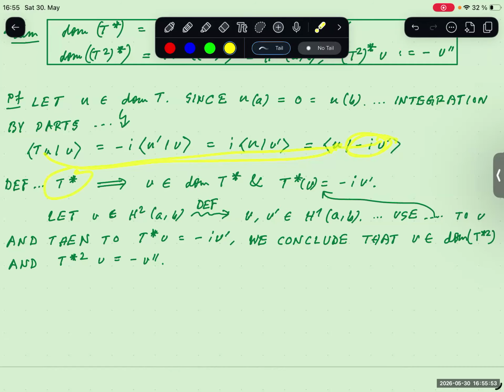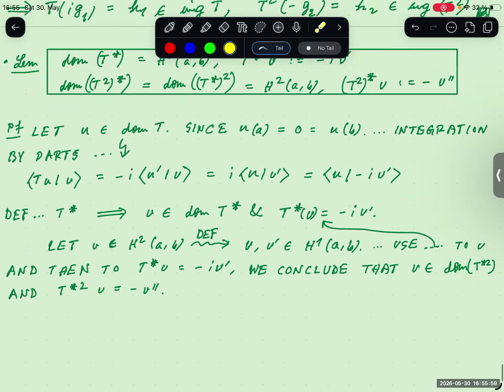Good, that's the first step. Step two: we have the double derivative operator, which means we act with this operator twice. Then we take an element from its domain.